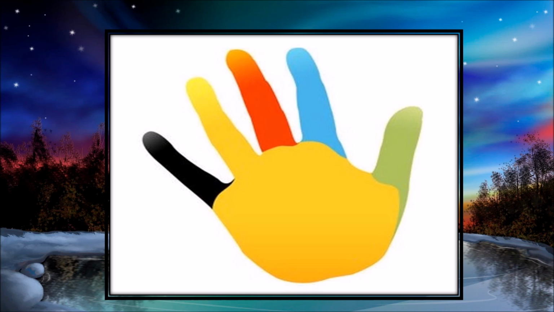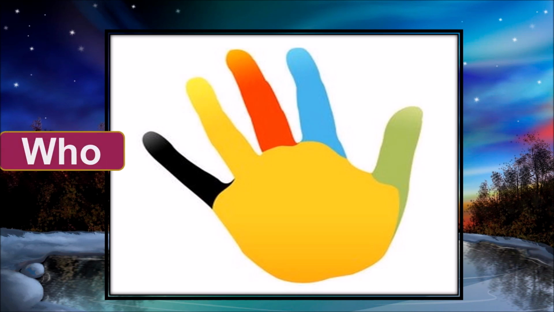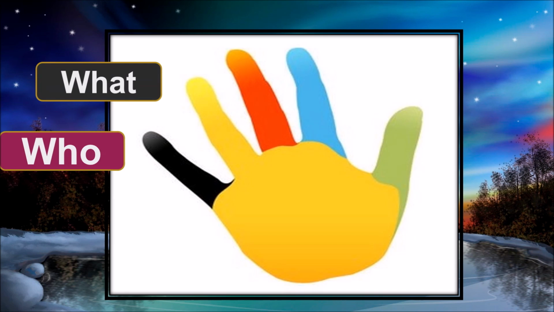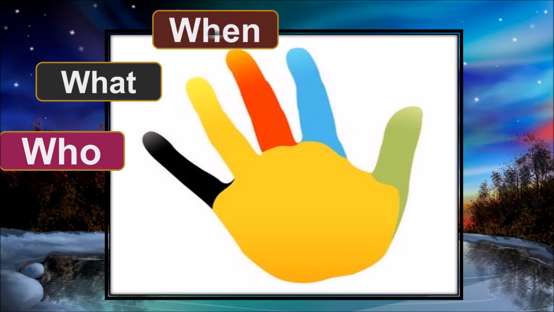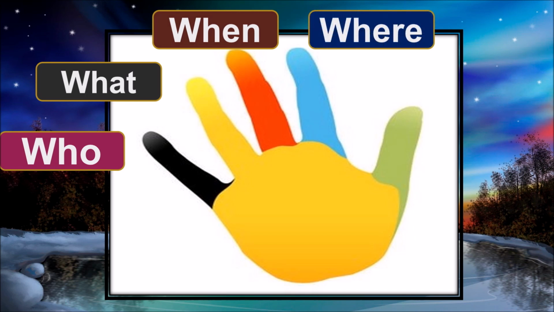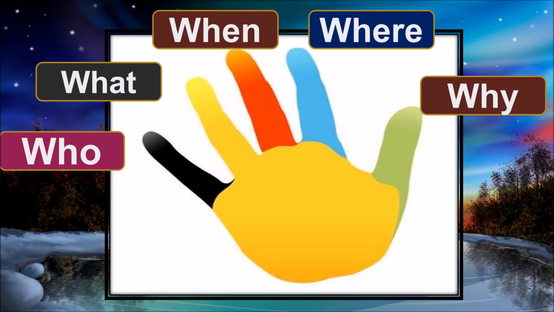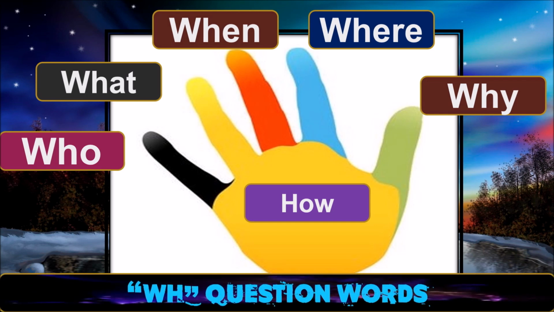So here are the WH question words. Who, we ask for persons. What for things or events. When for time, where for places, and why for reason or purpose, and then how for manner, by means, or you can ask about the quantity or the quality.